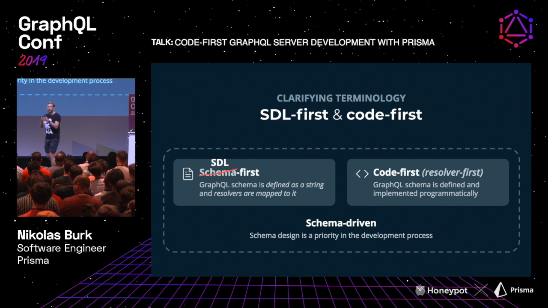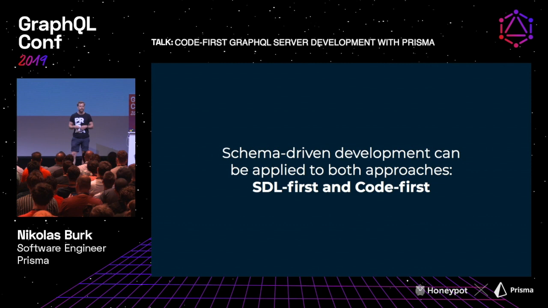That's rather a spectrum, actually. It's not that you are schema-driven or you're not schema-driven, but instead it's a spectrum depending on how your process is implemented. And one really important note is that schema-driven can be applied to both the SDL-first and the code-first approach. I'll talk a bit more in detail about this later.